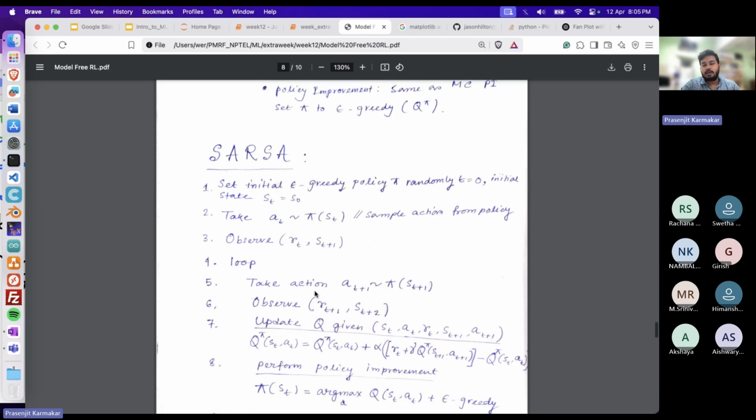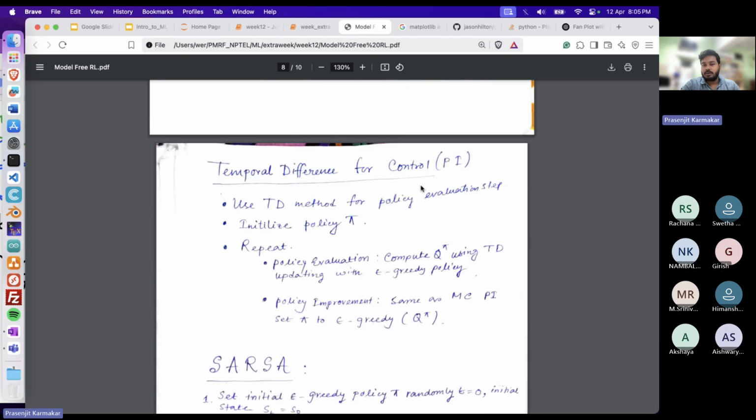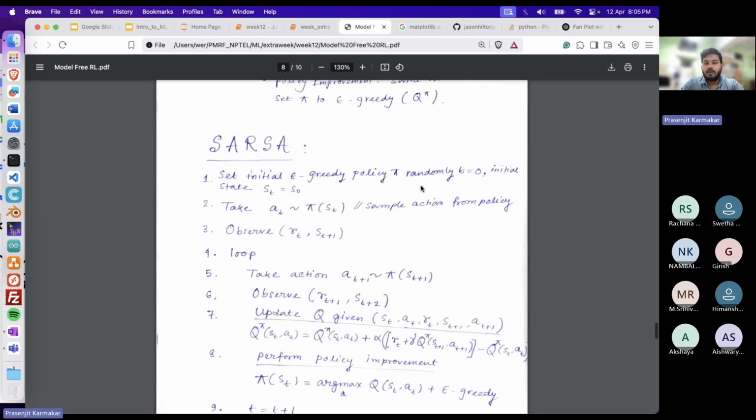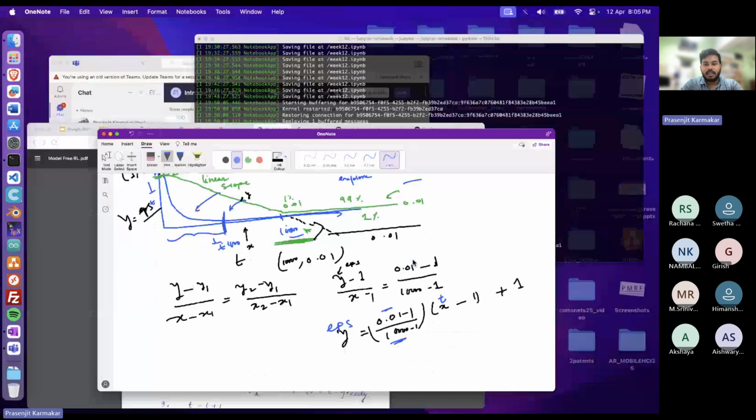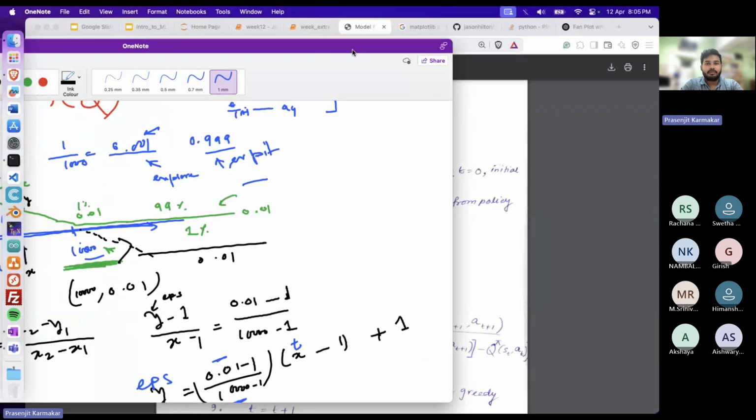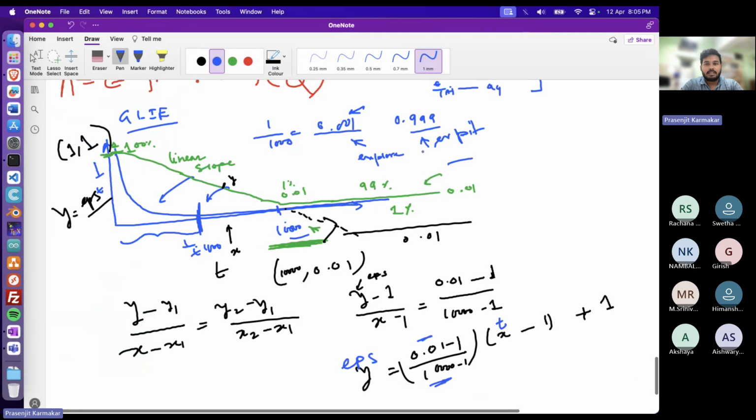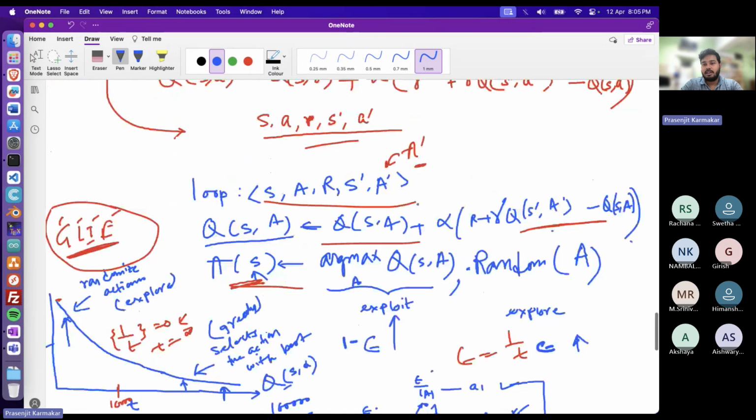This update equals the update with temporal difference control. Now Q-learning is basically another optimization on the SARSA algorithm. See, in the SARSA algorithm, I also need to consider taking the next action. SARSA, SA means the next action, this one, S prime. So I need this entire tuple, S, A, R, S prime, A prime.